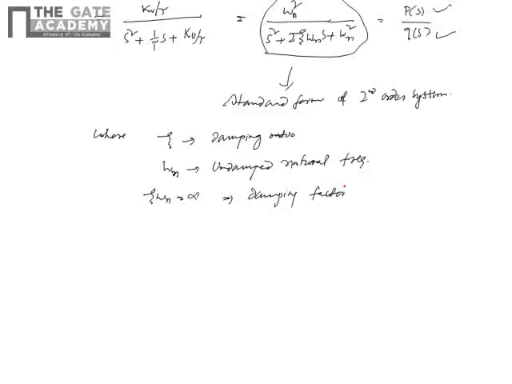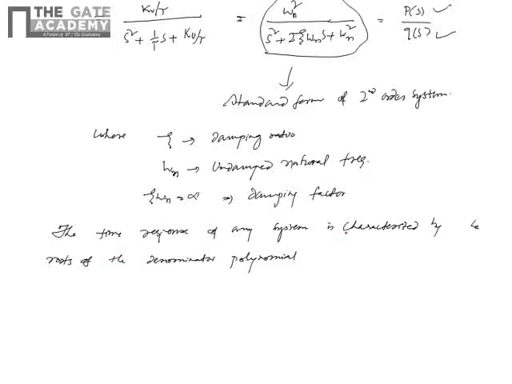That is, the time response of any system is characterized by the roots of the denominator polynomial Q(s), which in fact are the poles of the transfer function.